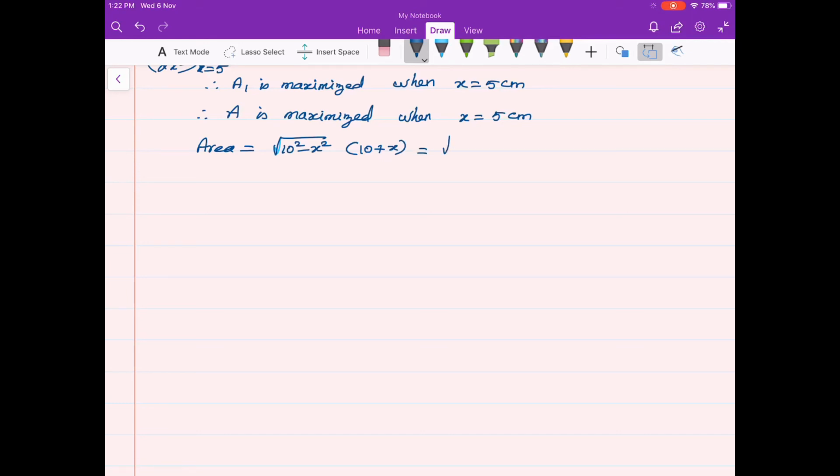Substitute x as 5. 100 minus 5 square is 25. 10 plus 5 is 15. Root 75 times 15. 25 can be removed outside. 15 times 5 root 3, which is 75 root 3 centimeter square. This is the area of the trapezium.